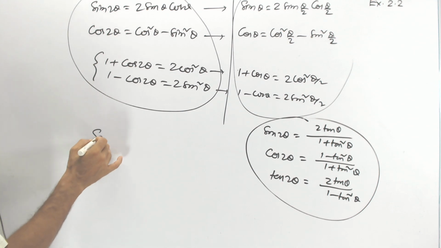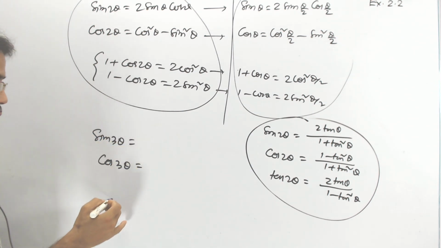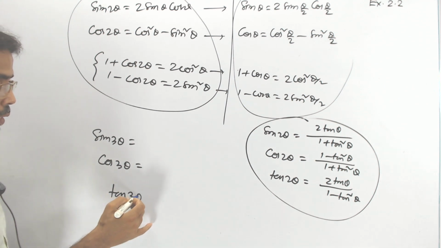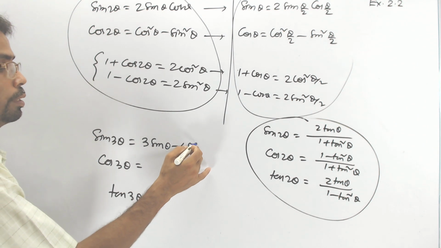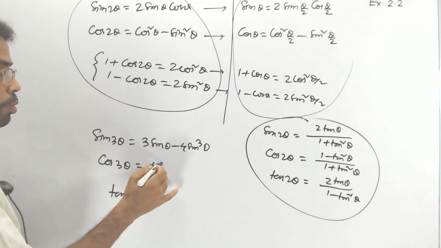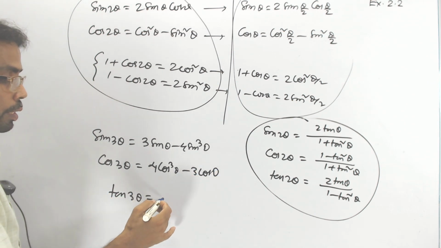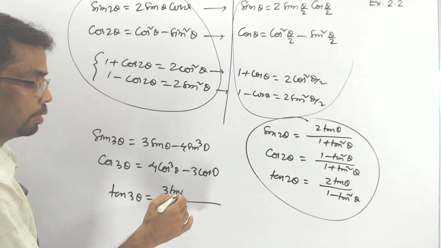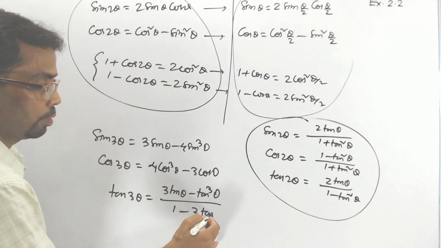Then another set: sin 3 theta, cos 3 theta, tan 3 theta, which we have used here. Sin 3 theta is 3 sin theta minus 4 sin cube theta. Cos 3 theta is 4 cos cube theta minus 3 cos theta. And tan 3 theta is 3 tan theta minus tan cube theta by 1 minus 3 tan square theta.